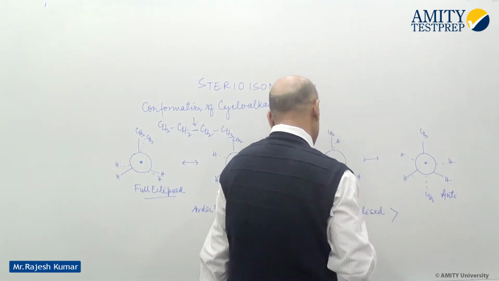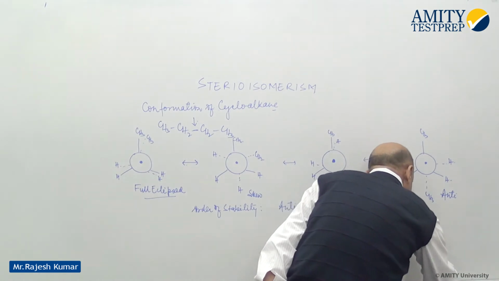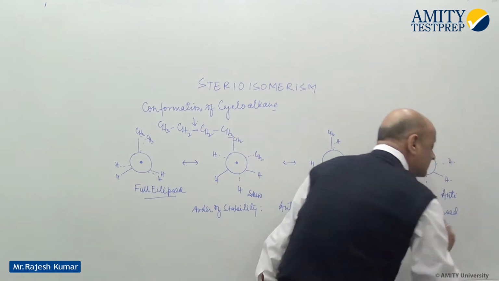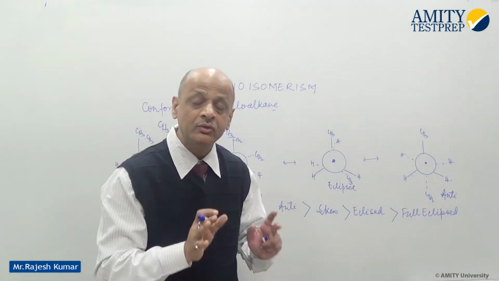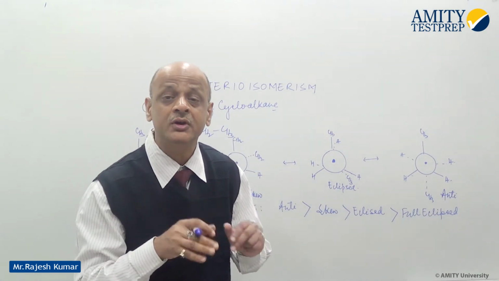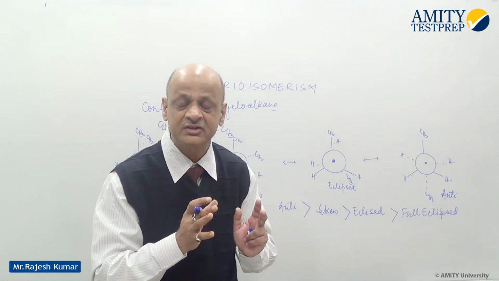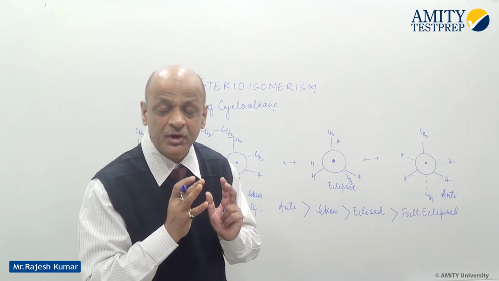And again here it is full eclipsed. It is least stable because bulky groups are superimposed on each other, and all the bulky groups are nearest to each other, and that's why the steric effect is very predominant there.